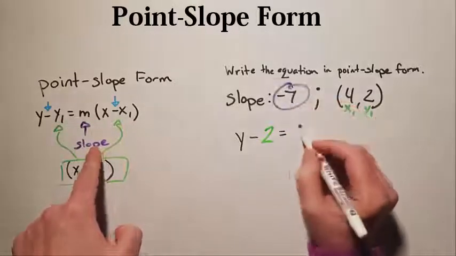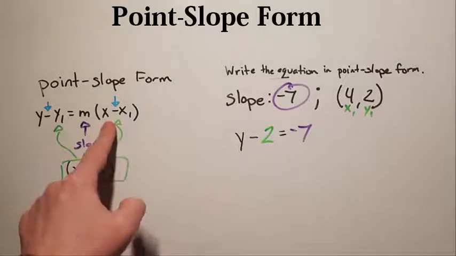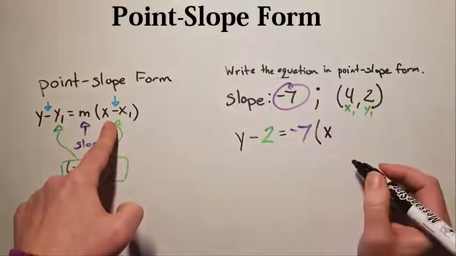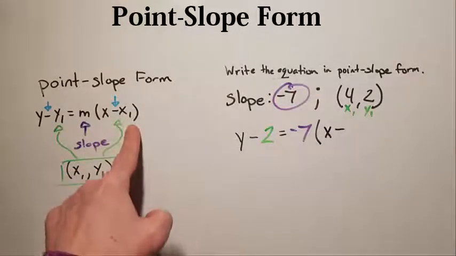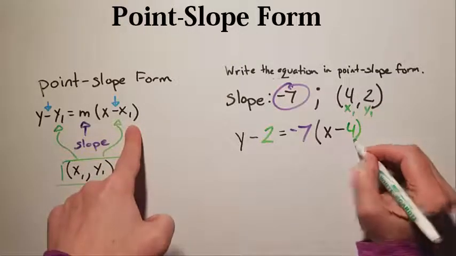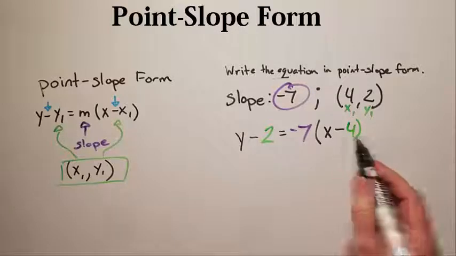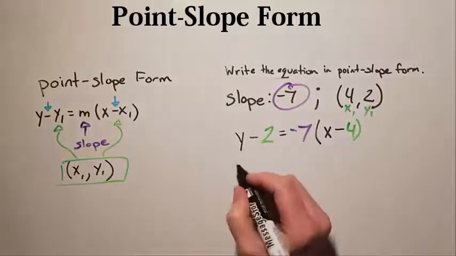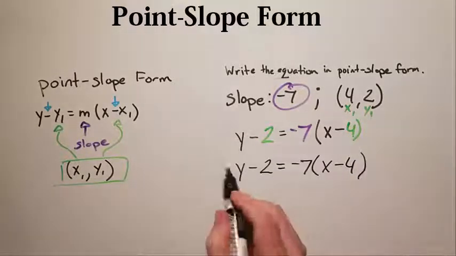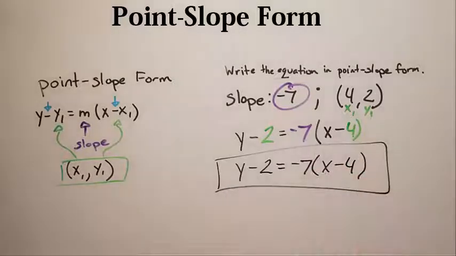Slope is negative 7, so here's a negative 7. I need my parenthesis, plain old x, minus, I need my x1. x1 is 4. If you are able to simplify this, you need to. There isn't any minus negative to simplify. So it was already in point-slope form, and you're done.